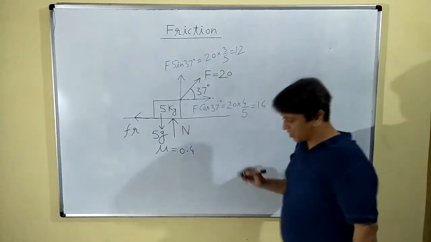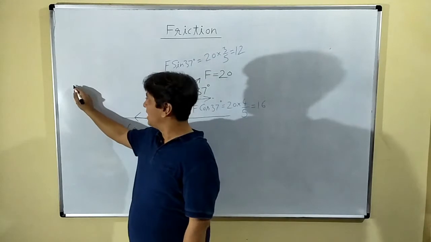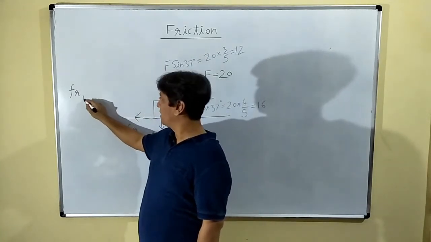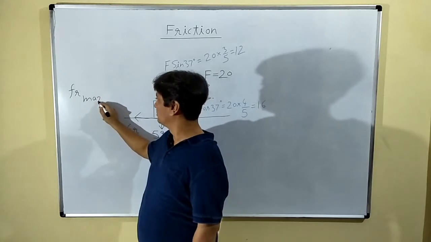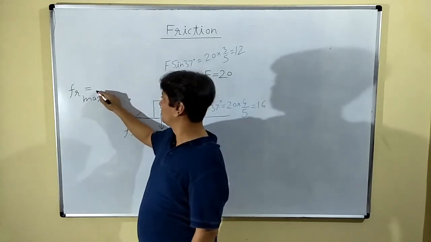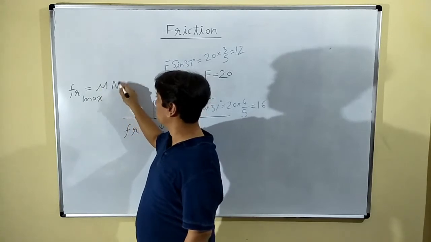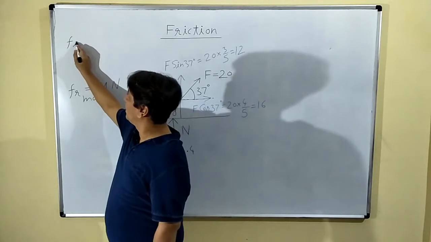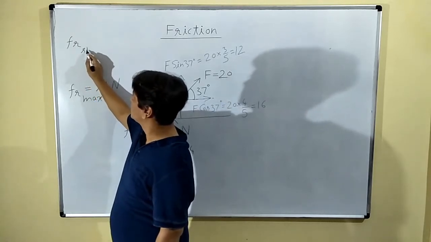Now, if you need Fr, the first thing you go for is Fr maximum. And what's the value of Fr maximum? Mu N. हम लोग Fr static maximum लिखते थे.